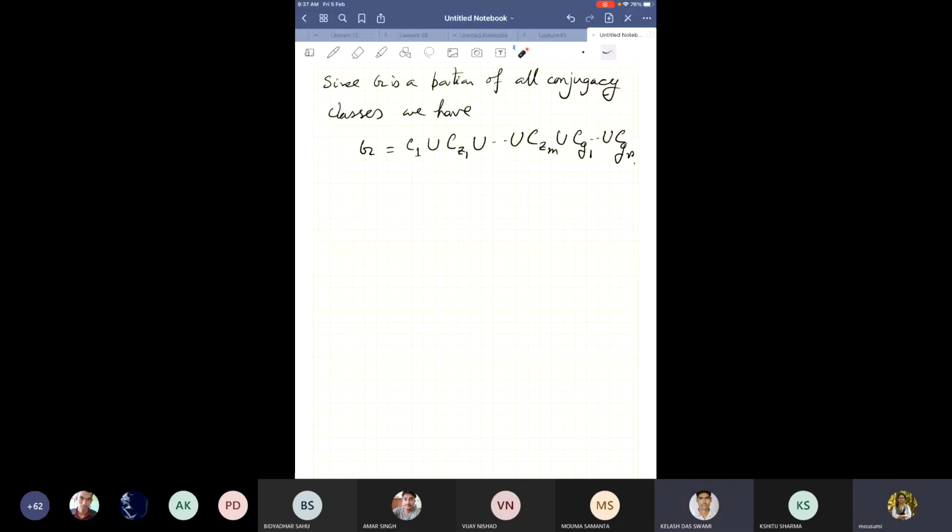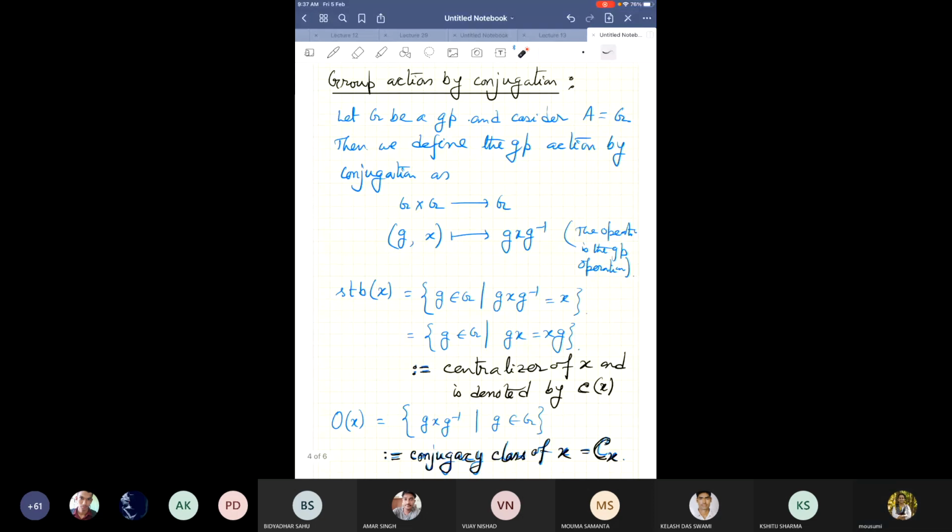Okay, so I'm saying that G is a partition of all its conjugacy classes. What are the conjugacy classes? Conjugacy classes are nothing but the orbits. And what do you know about orbits? Orbits give you a partition of the set.